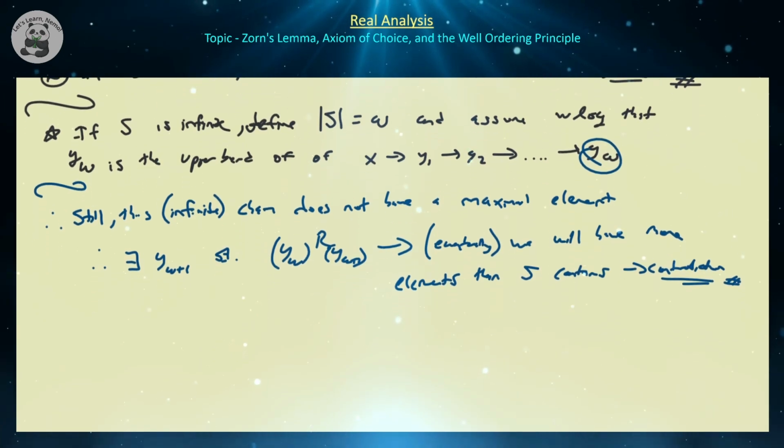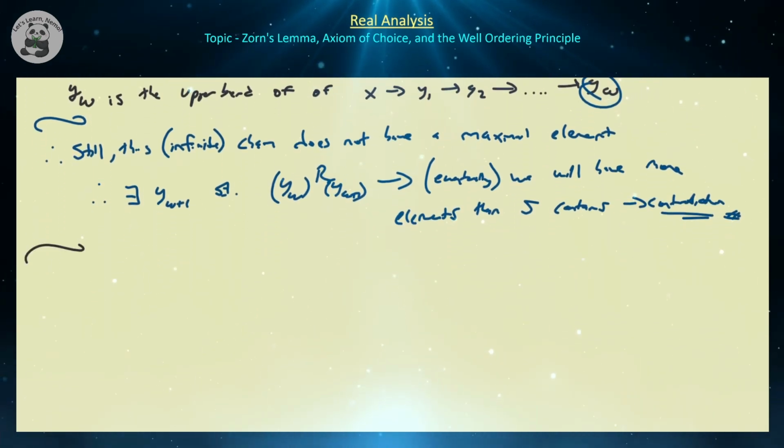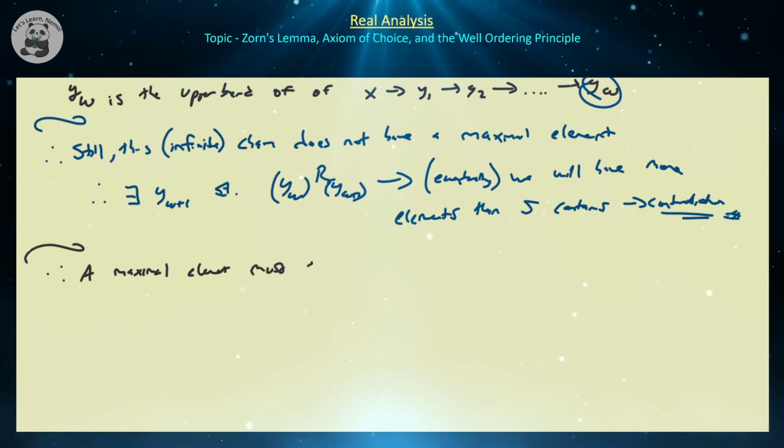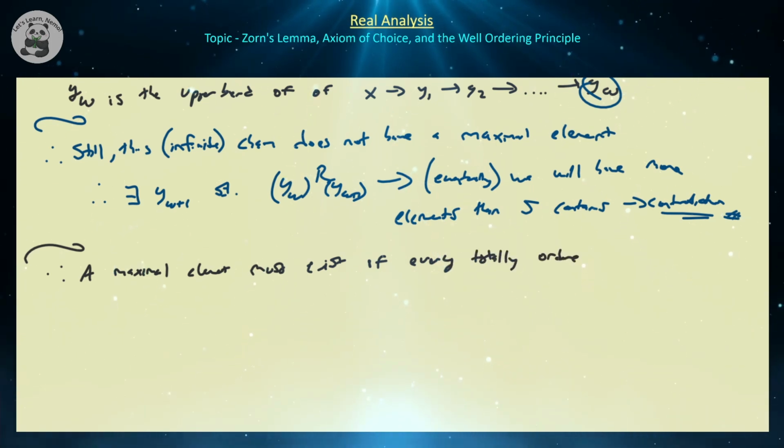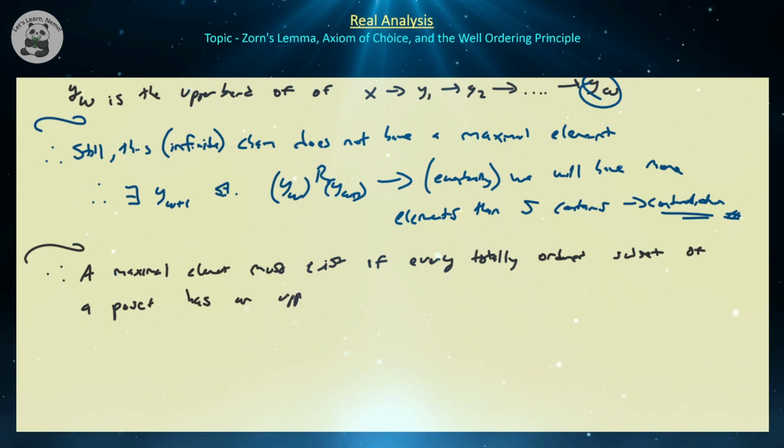So since this little sequence can always exist, that means a maximal element must exist. If every totally ordered subset of a poset has an upper bound, right?